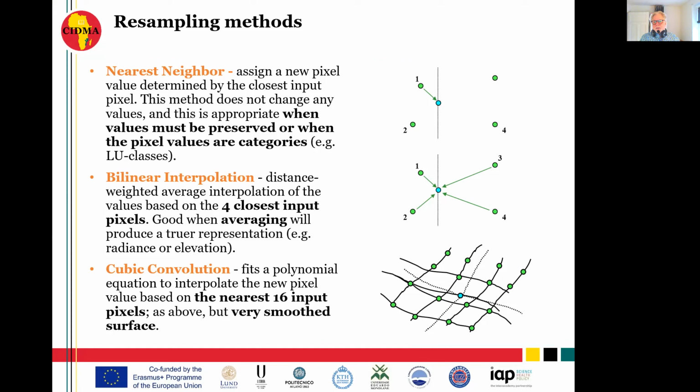And then sometimes we also need to determine how to resample pixels in a satellite image. And then we have the nearest neighbor, we have the bilinear interpolation technique, or we have the cubic convolution to choose how we want the resampling to be done.